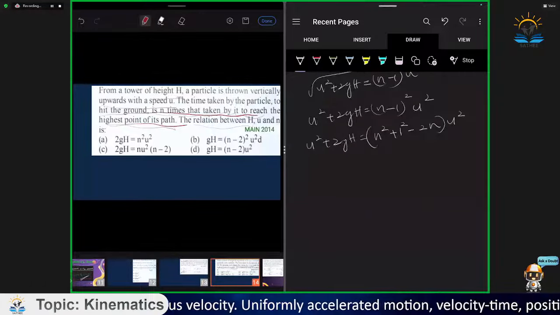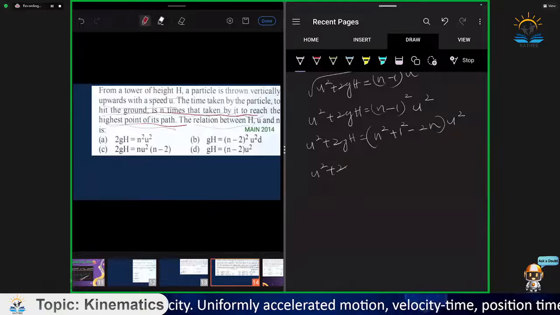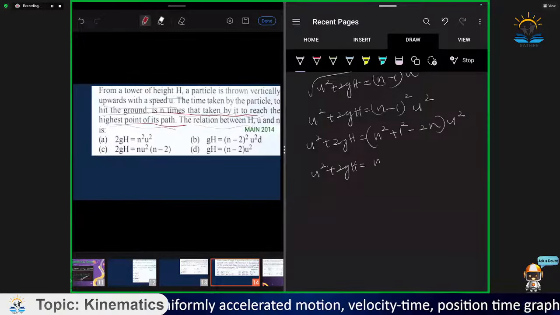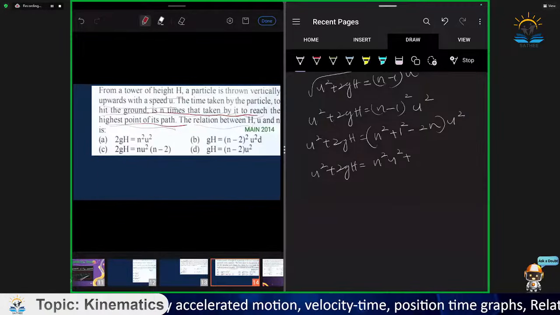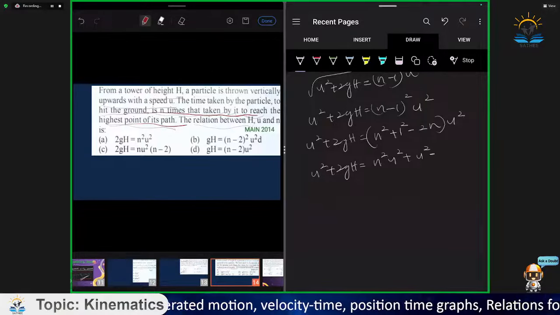So u square plus 2gh equal to n square u square plus u square minus 2n u square.